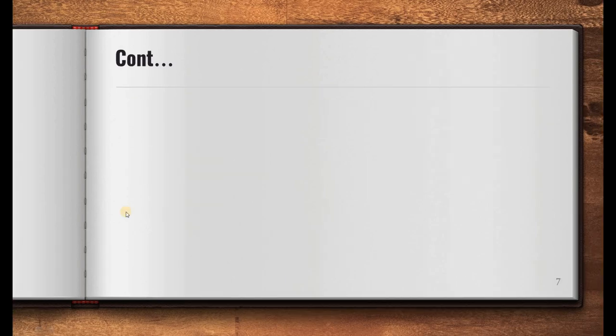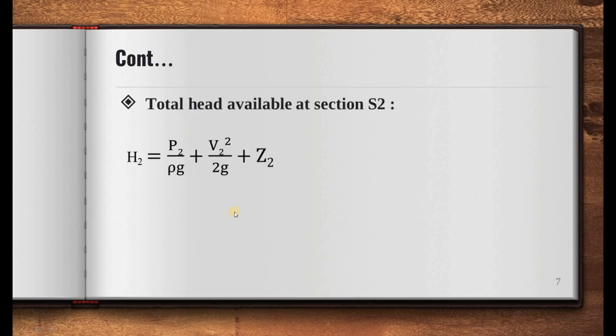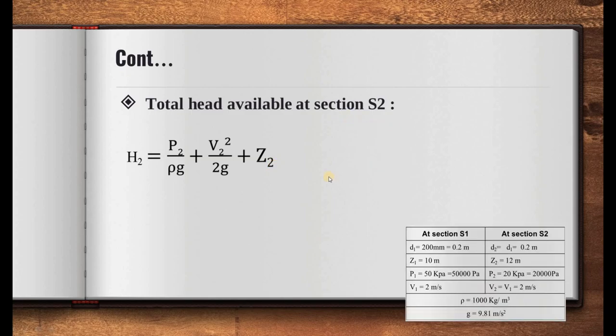Now we will go for the total head or total energy available at section S2. H2 equals P2 upon rho g, the pressure head at section S2, plus V2 square upon 2g, the kinetic head at section S2, plus Z2, the potential head at section S2.